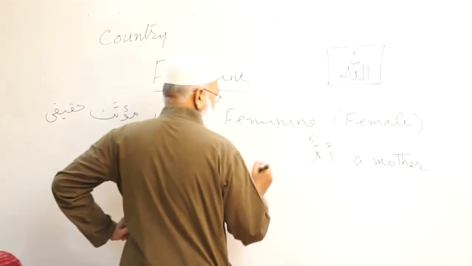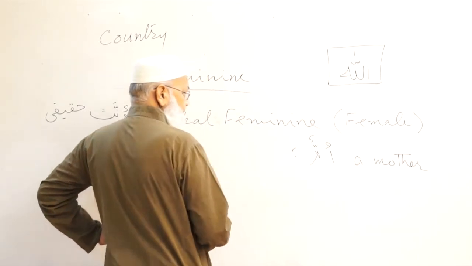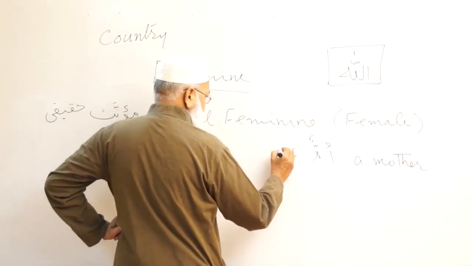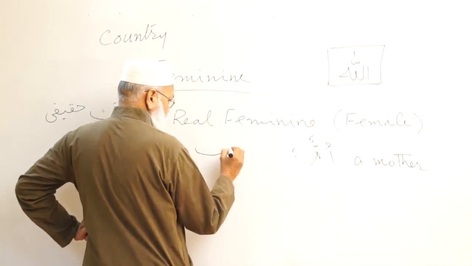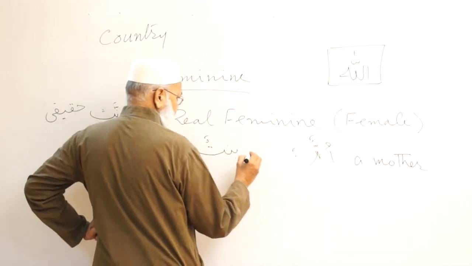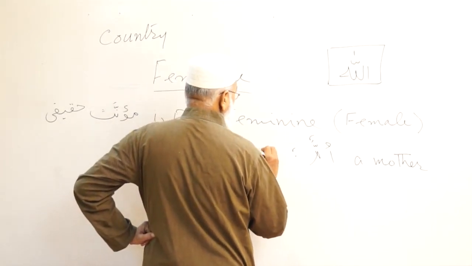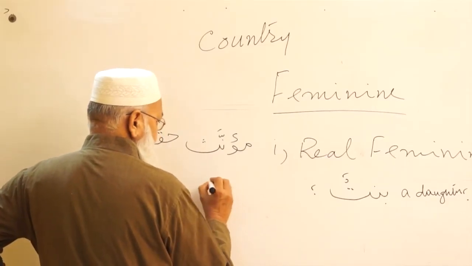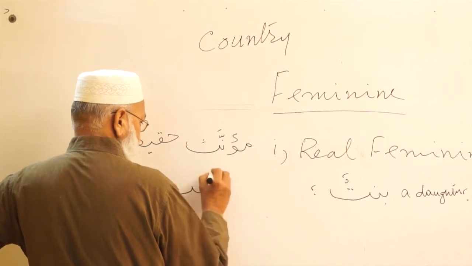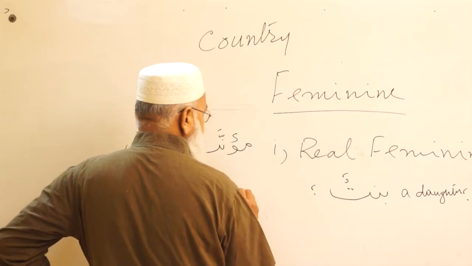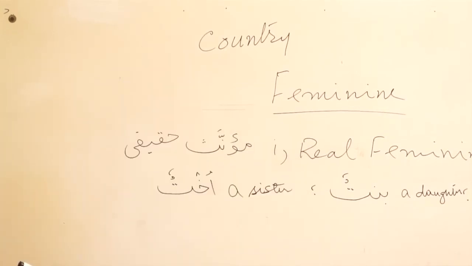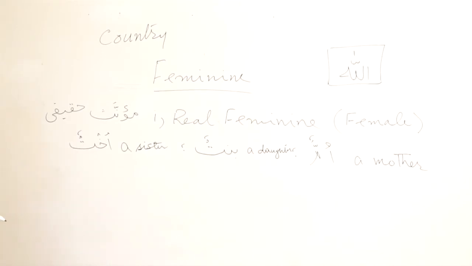A mother, then you have bintun, a daughter, then you have ukhtun, a sister. Imratun we have already mentioned, a woman. So these are all real feminine in Arabic.